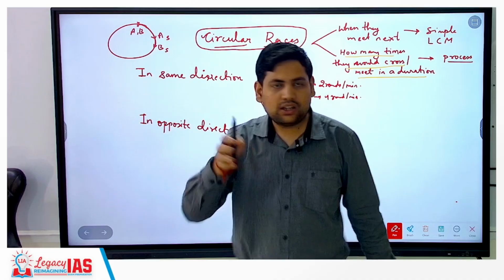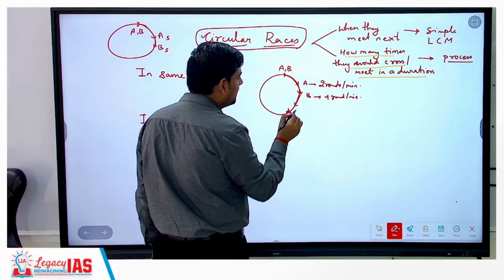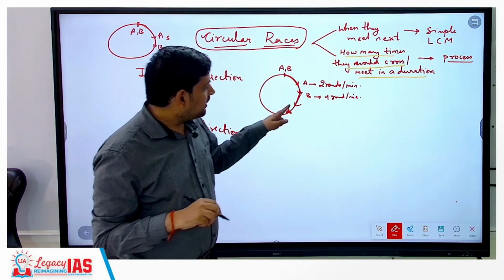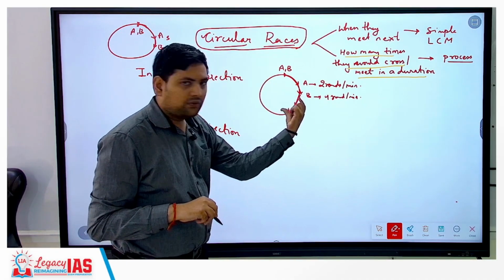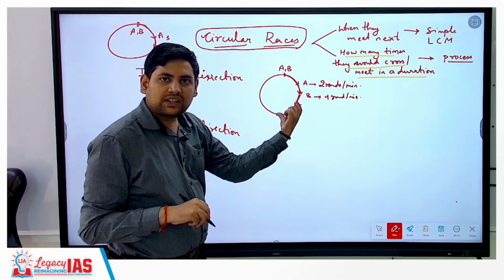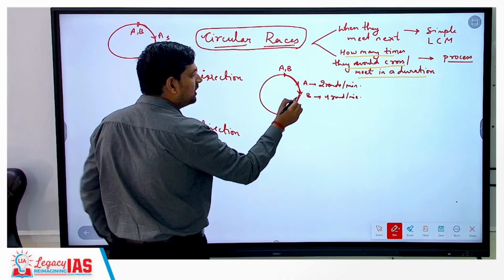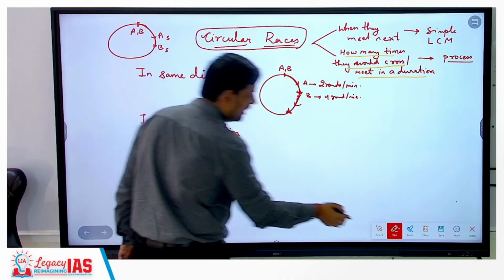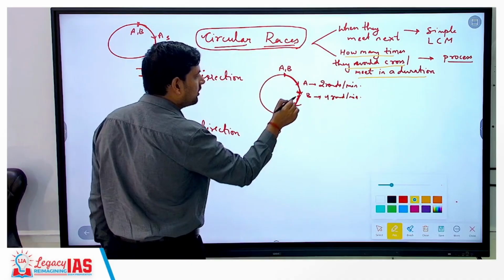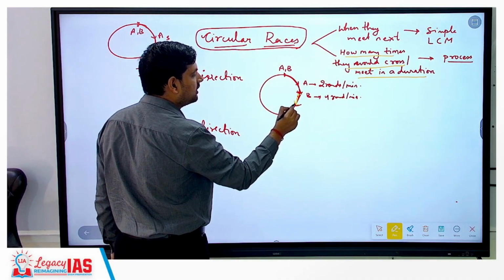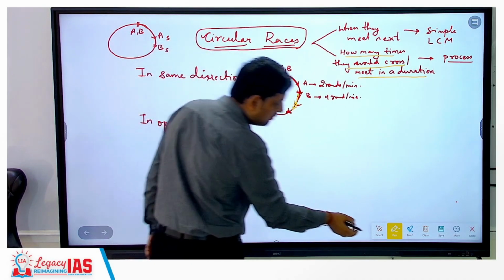Otherwise, if B is going in this direction and A is also going in this direction, then this gap will never be covered. Let's say this is B, this is A. Now A is moving slowly like this, and this is B. Now they have to meet.